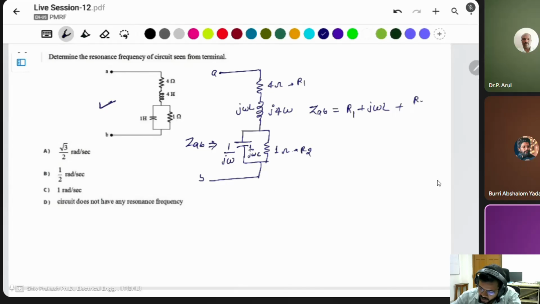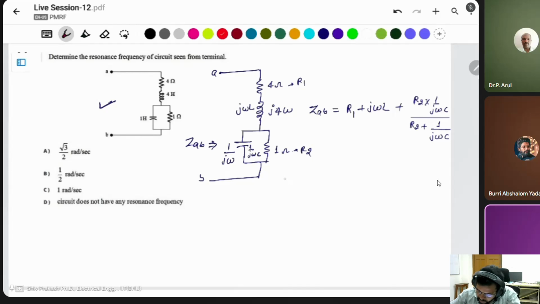It means R2 times 1 upon j omega C divided by R2 plus 1 upon j omega C.